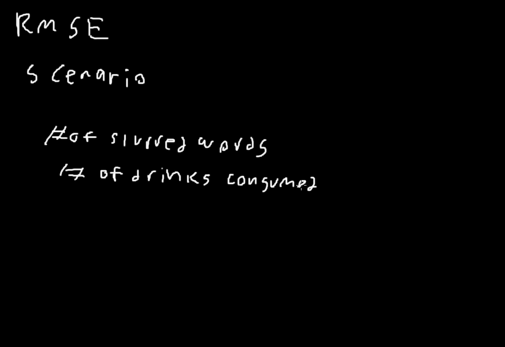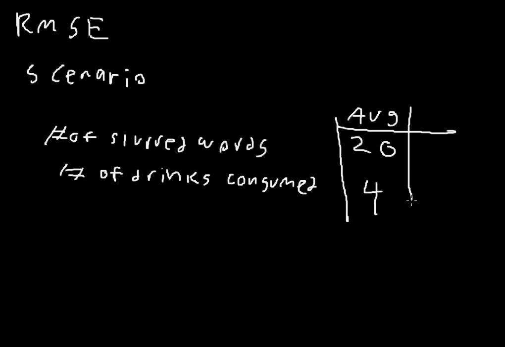And the mean and standard deviation of each of these: the average is 20 for number of slurred words and 4 for number of drinks, and the standard deviation is 5 for number of slurred words and 1 for number of drinks.